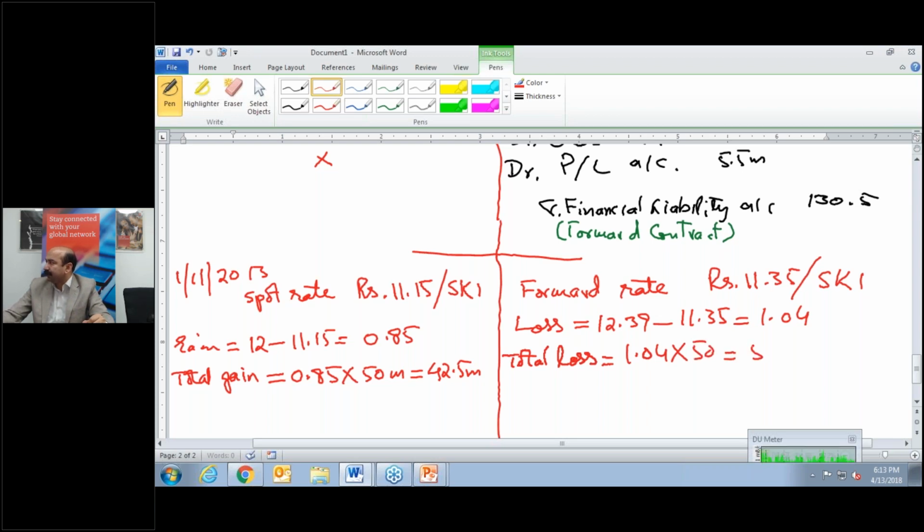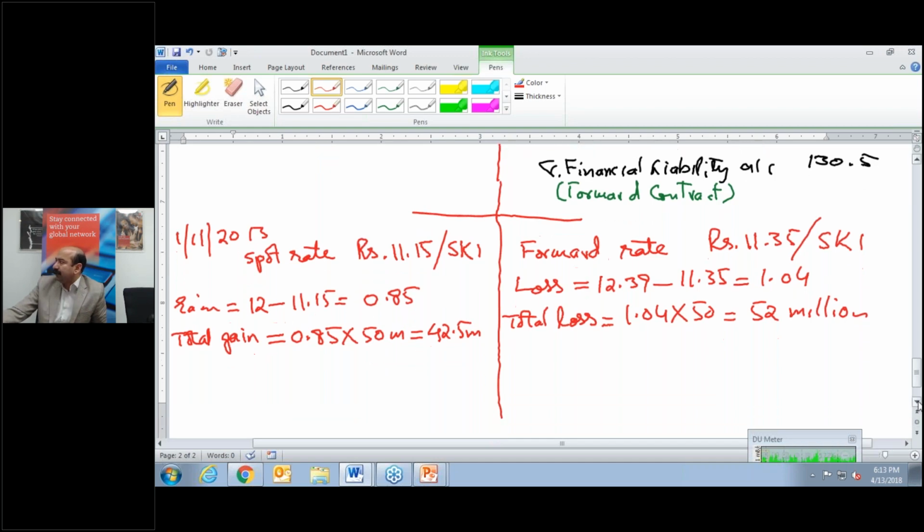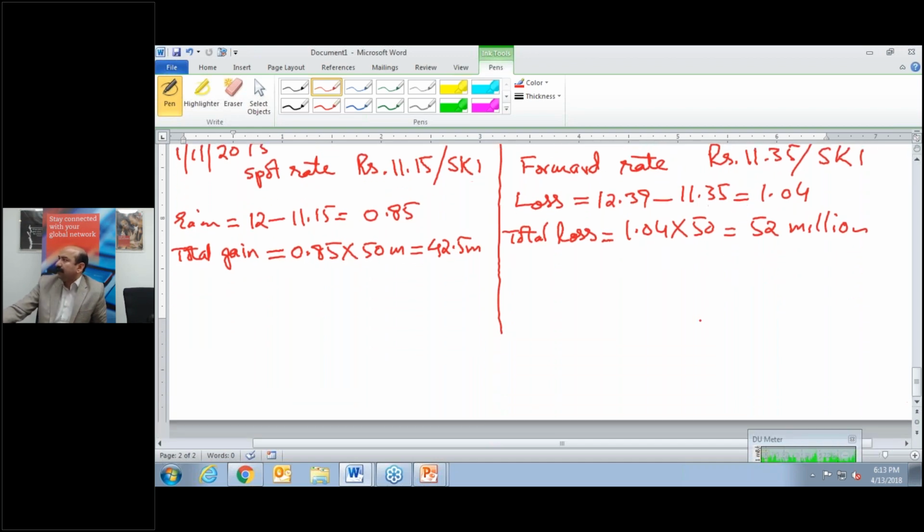So this will give us 52 million, the total loss. See, again, here we shall pass an entry for the property, plant and equipment, of course, because on this date we have received the property, plant and equipment, so there will be an entry.